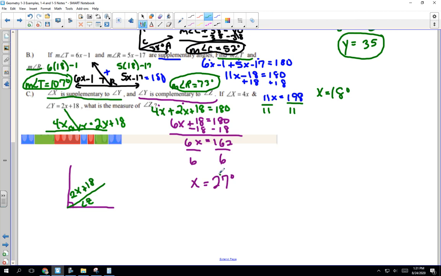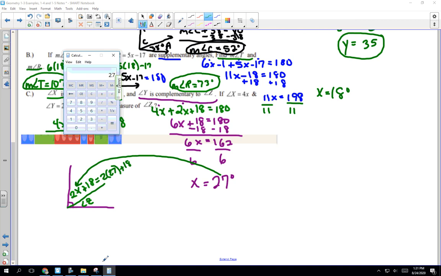So we're going to plug this in right here. So we're going to go 2 times 27 plus 18. And that's 72.